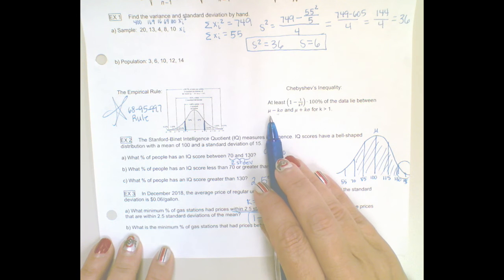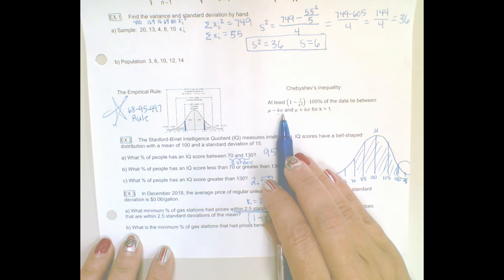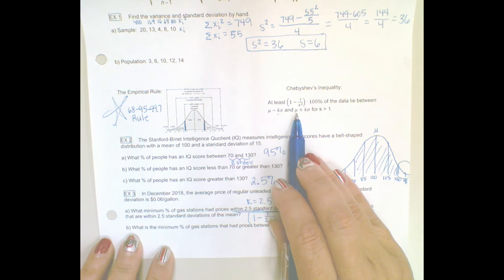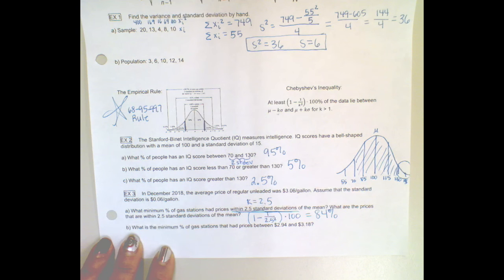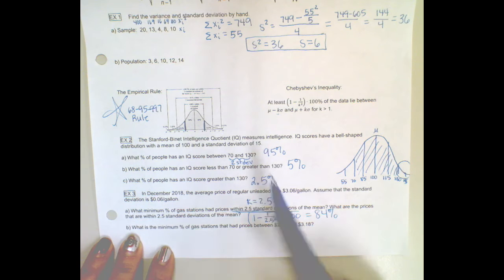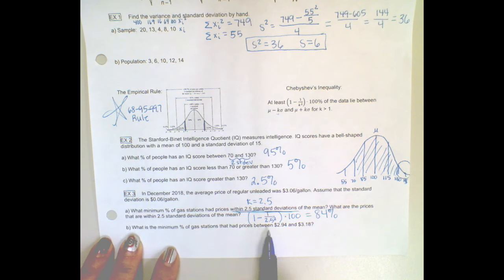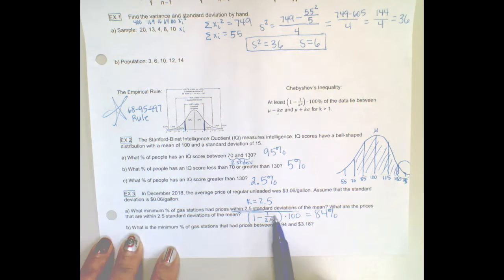So mu is the mean. So mean minus some number of standard deviations, mean plus the same number of standard deviations. So at least this percent of the data lie within those standard deviations. In this case, it was 2.5. So we plugged in 2.5 for K and then simplified this to make it a percent.